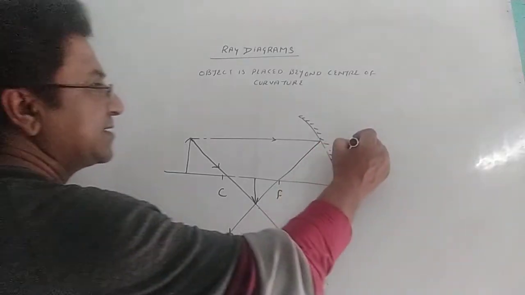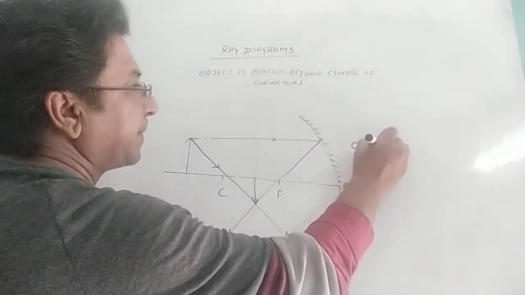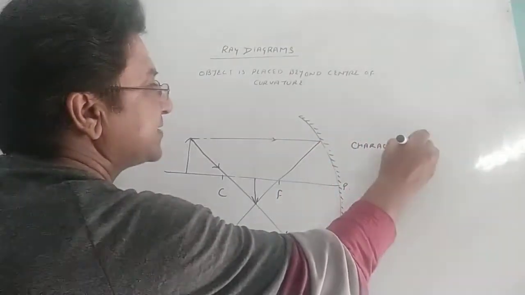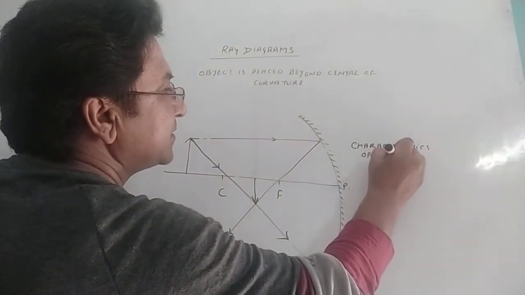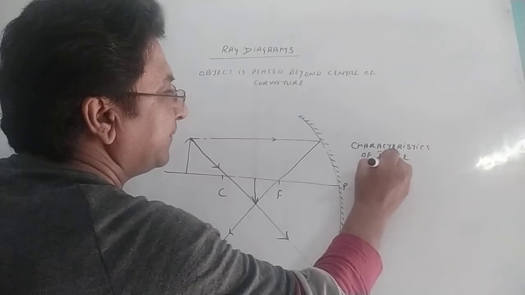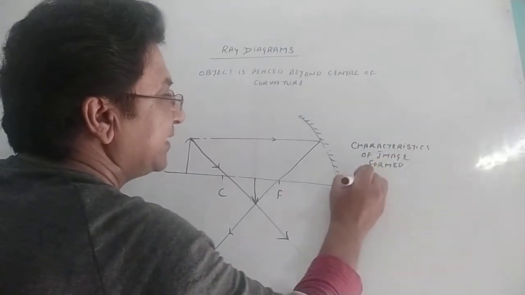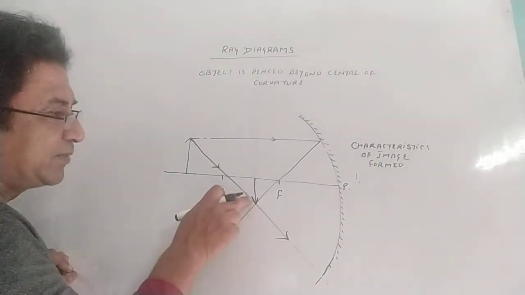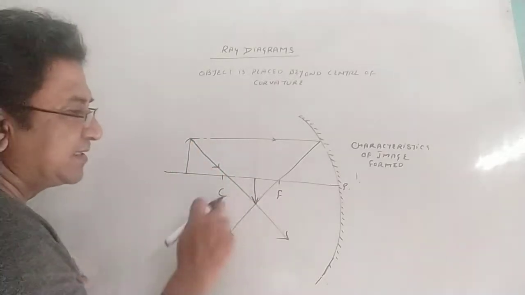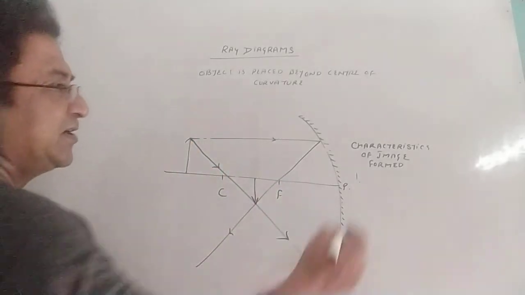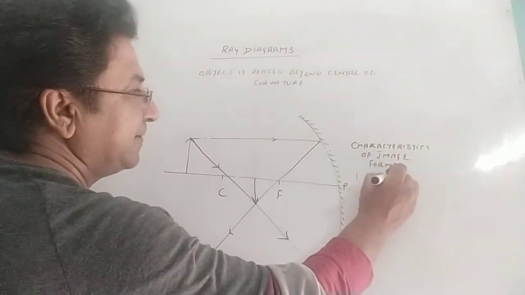So let us write the characteristics of the image formed. Now you can see where it is made. Is it below the principal axis, inverted? If inverted, it is real. So in between the center of curvature, these are characteristics. So image formed will be real.